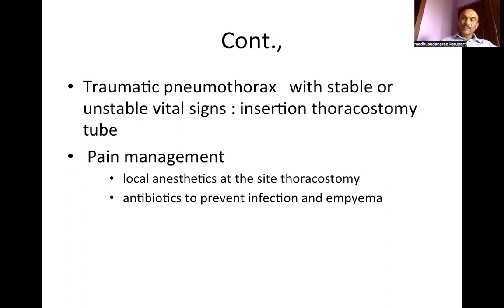So provide local anesthetic for relief of the pain, so you can provide painless procedures. Following the procedures, give analgesics, opioid or non-opioid. Antibiotics have to be administered to prevent secondary infection and complications.